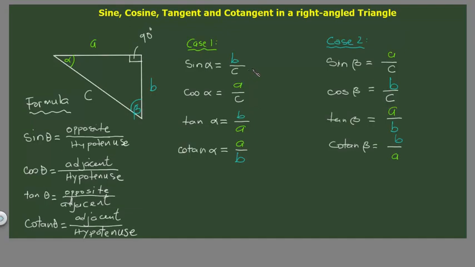The sine of alpha will be the cosine of beta, and the cosine of alpha is the sine of beta. And the tan of alpha will be the cotan of beta, where the cotan of alpha is the tan of beta.